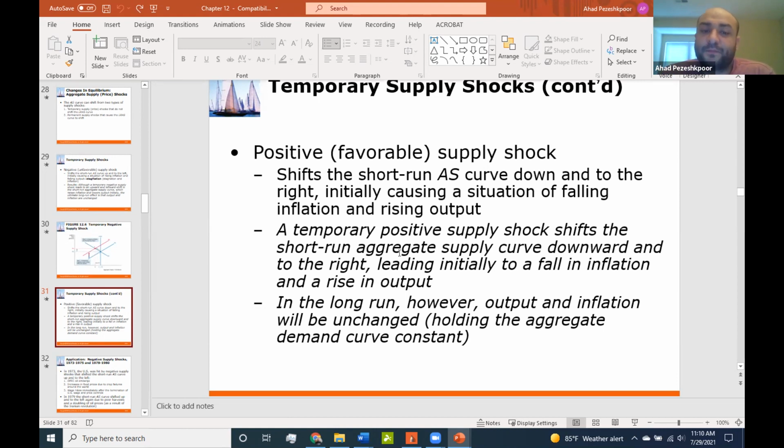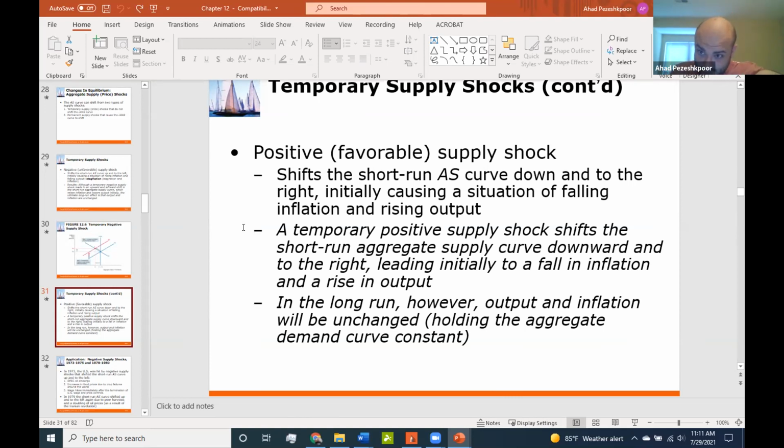A positive or favorable shock shifts the short-term supply down. The short-run aggregate supply shifts down and to the right, initially causing a situation of falling inflation and rising output, the opposite of stagflation. It's the best of both worlds.